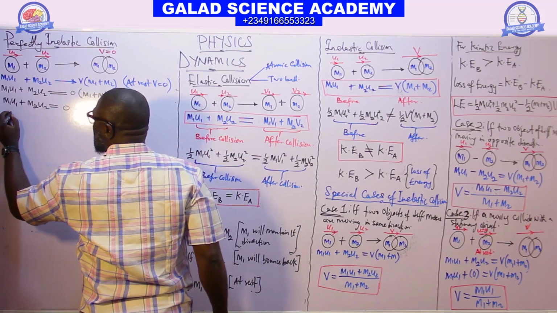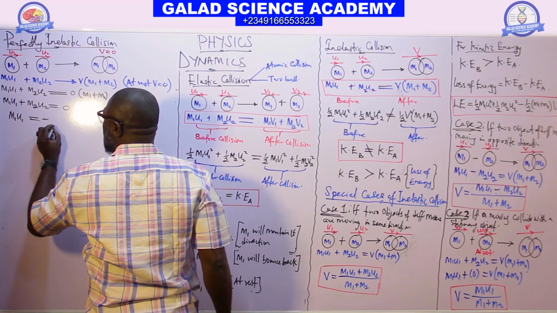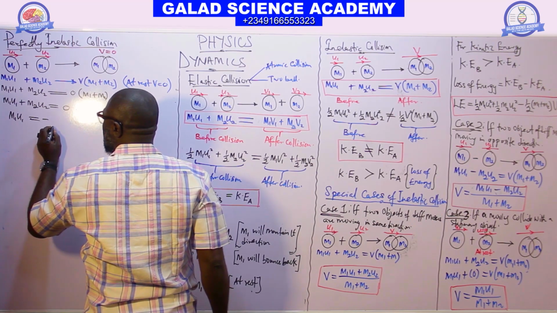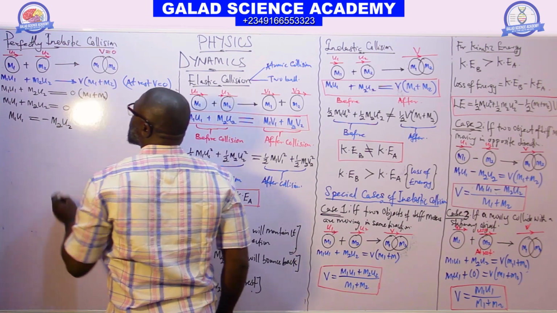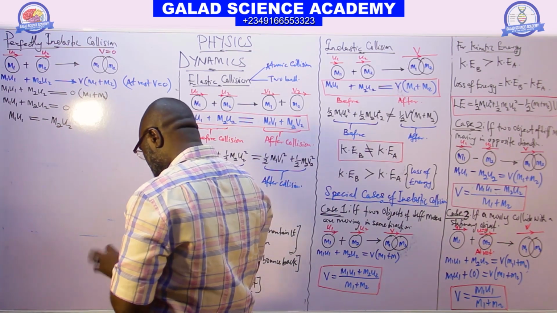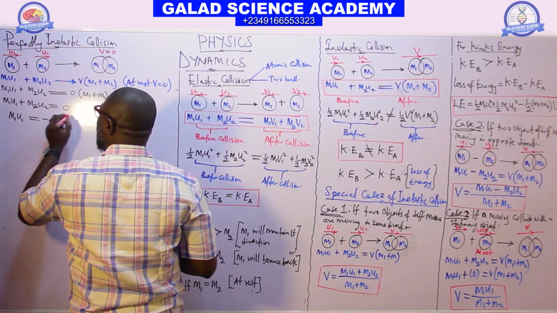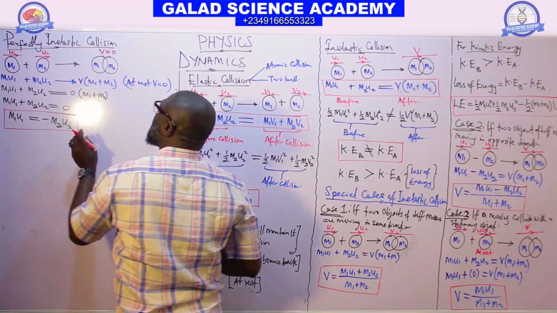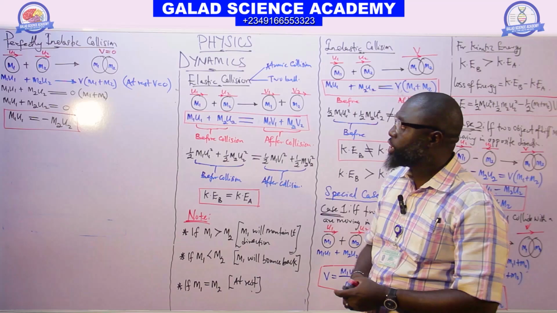Therefore, M1 U1 equals minus M2 U2. This is the momentum expression for perfectly inelastic collision.